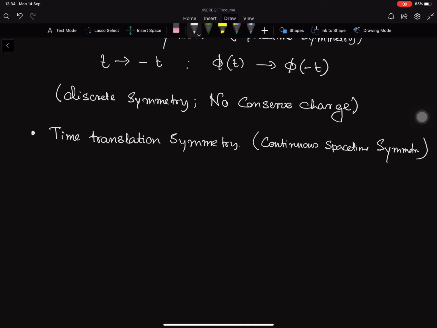Under time translation, t goes to t plus c, and phi of t goes to phi of t plus c, where c is a real number.